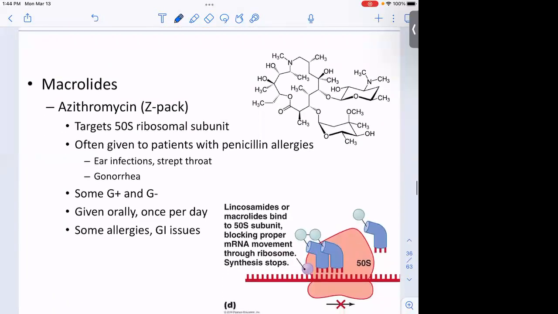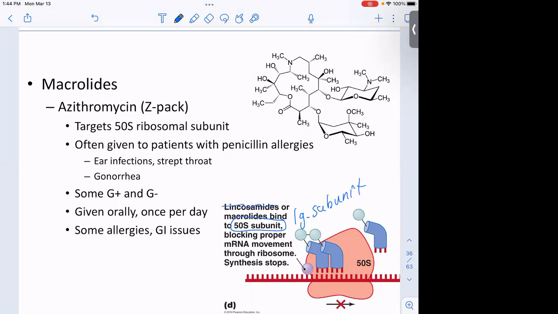Okay. And our last class, there are others out there. The last one that we'll talk about are the macrolides. The other two classes that we talked about target the small subunit of the ribosome. This one actually binds to the large subunit of the ribosome.